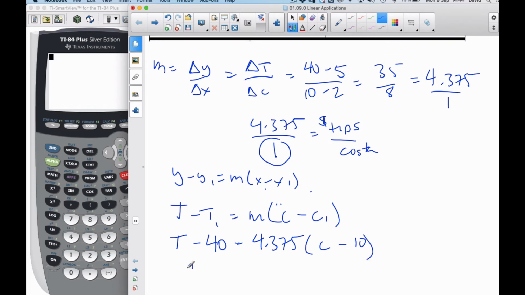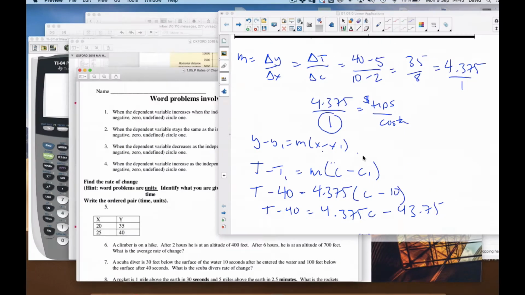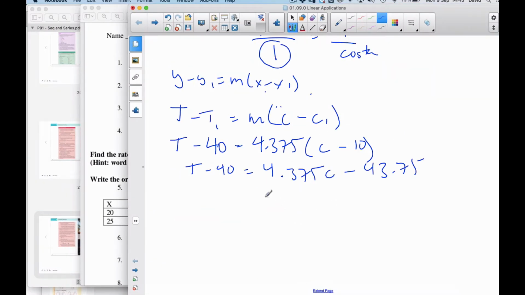Okay, I distribute my values, I get 4.375 c minus 43.75. If I come along and add my 40, I get t is equal to 4.375c minus 3.75.